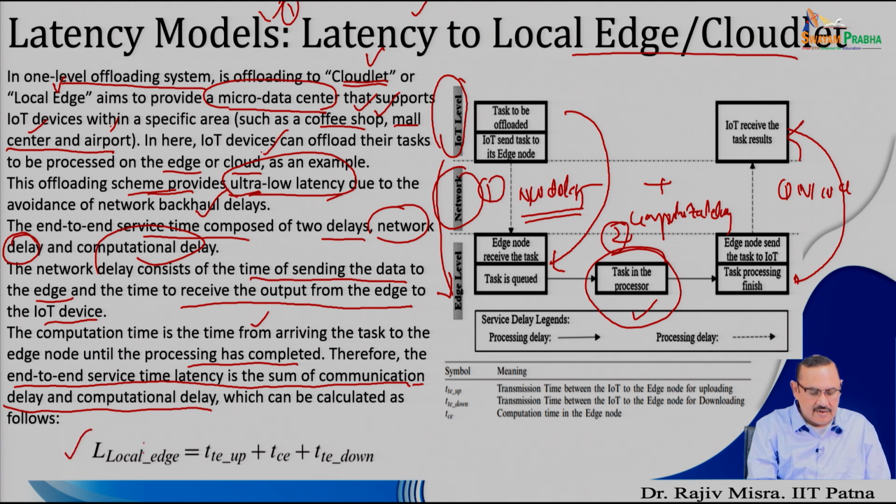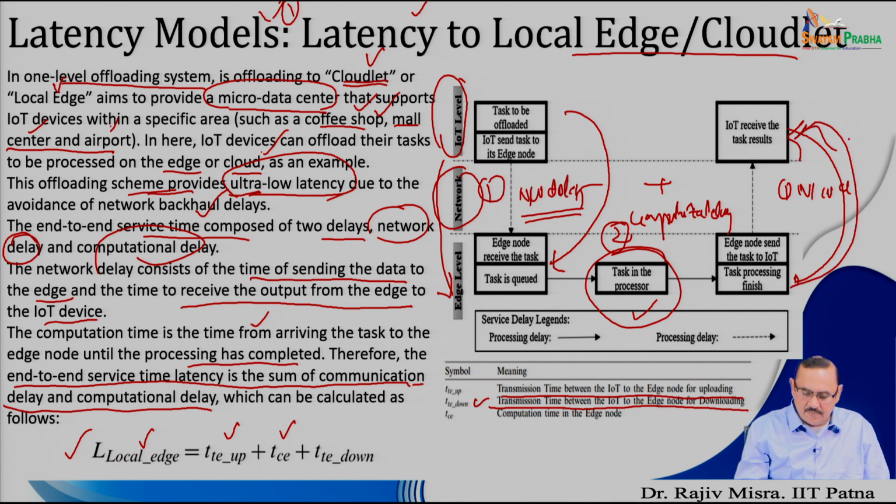So, latency in a local edge or a cloudlet is expressed as the transmission time between the IoT device and the edge node for uploading, plus the transmission time between the IoT device and the edge node for downloading, plus this one, that is called the computation time in the edge node.